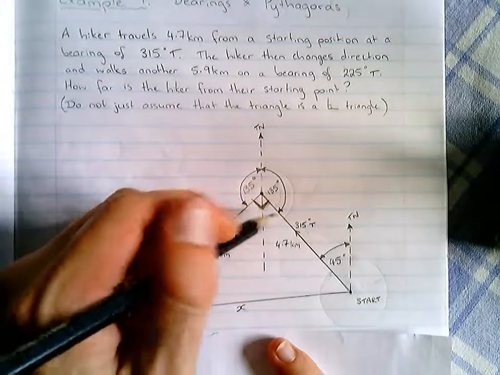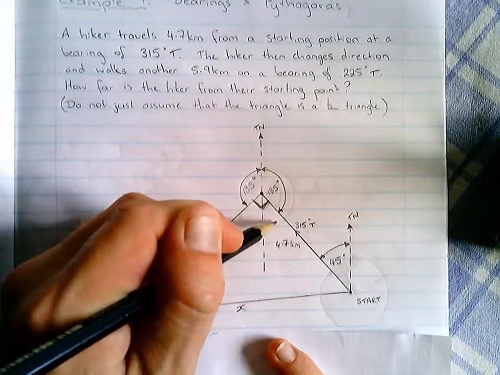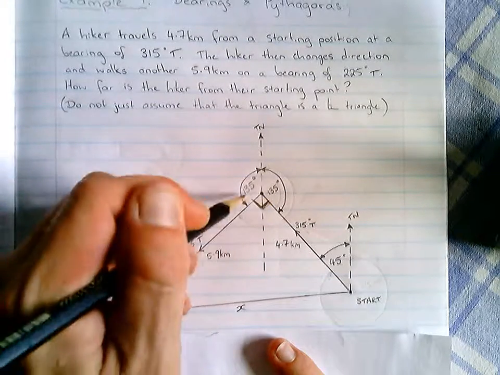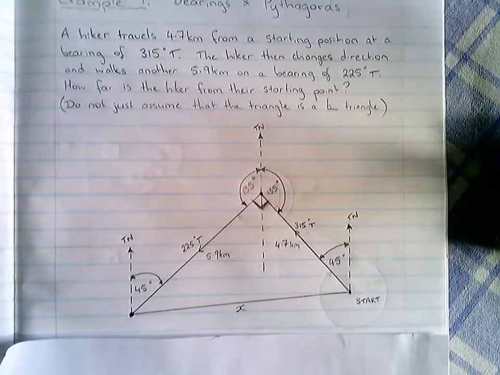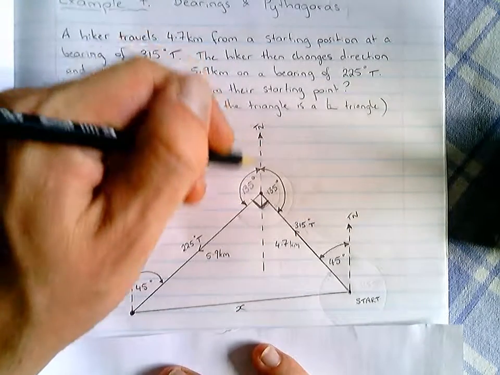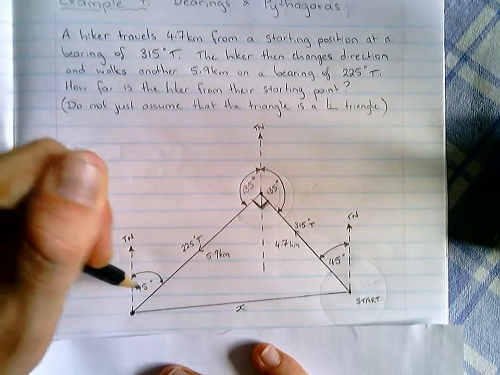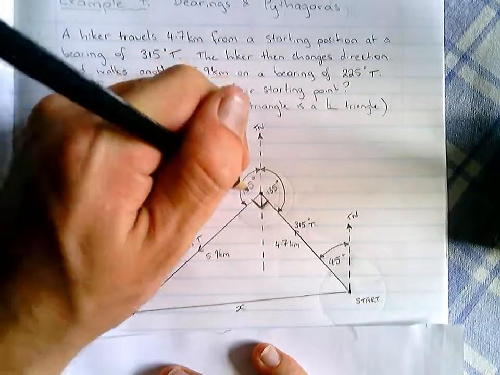Alternatively, you could say this angle, if it's unknown, is equivalent to 360 degrees, subtract 135 degrees, subtract another 135 degrees. Once again, two parallel lines. Both angles must add to 180, therefore this angle is 180, subtract the 135, which gives me the 45.